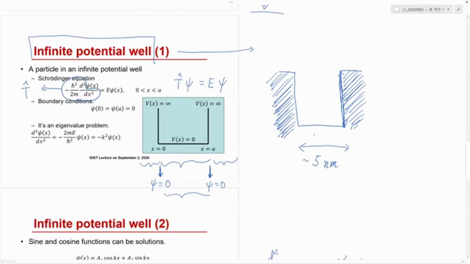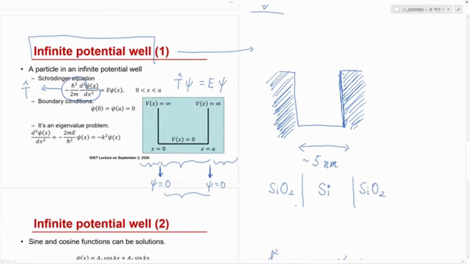So where can you find an analogy for this infinite potential well? If we introduce a system like silicon whose thickness is around 5 nanometers, sandwiched by silicon dioxide on both sides, then that is a good approximation of the infinite potential well problem. Its thickness of 5 nanometers is quite easily achieved in modern technology.